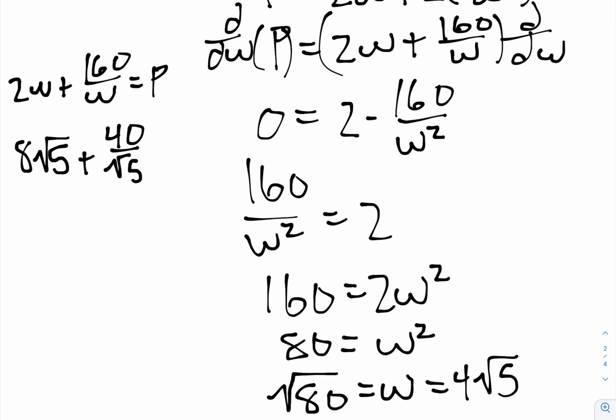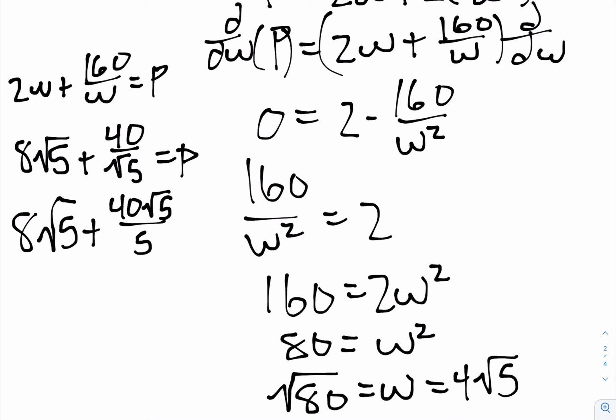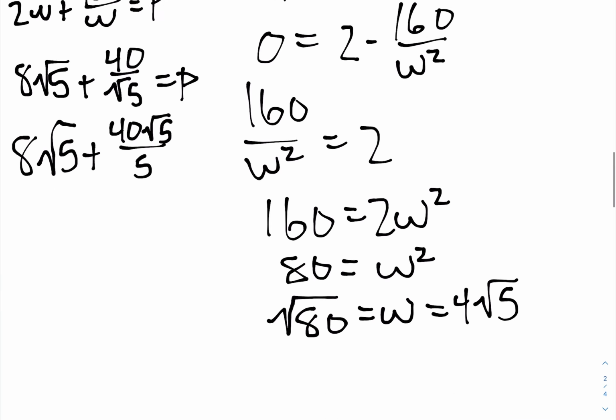And if we wanted to rationalize this, we'd multiply by root 5 on the top and the bottom. So this would be 8 root 5 plus 40 root 5 over 5. 40 over 5 is 8. So this would be 8 root 5 plus 8 root 5, so that would be 2 times 8 root 5. So I guess 16 root 5.